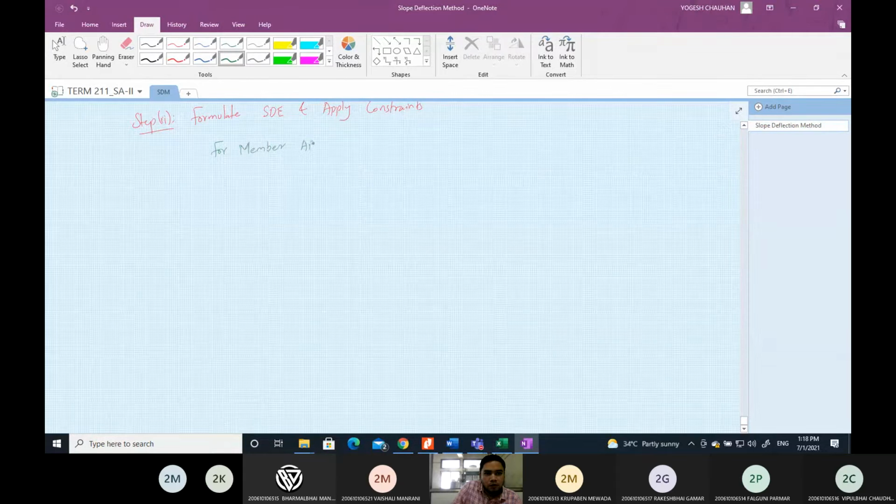For member AB, length of member AB is 4 meter.